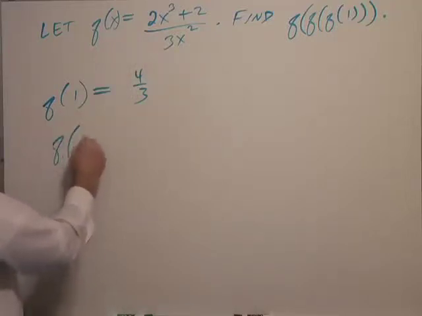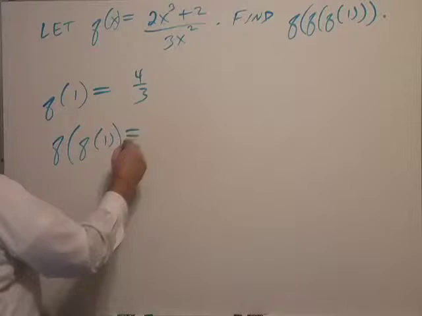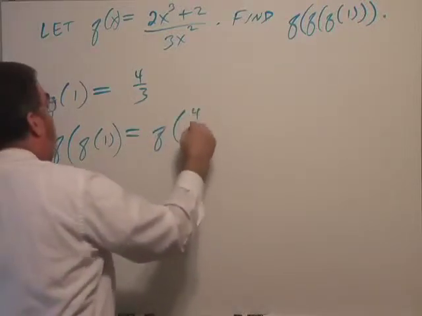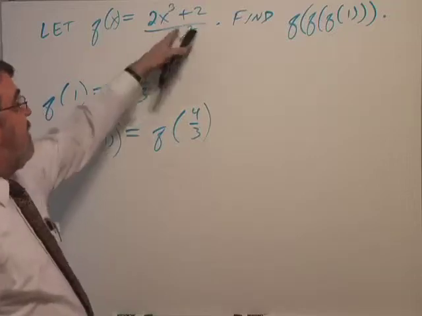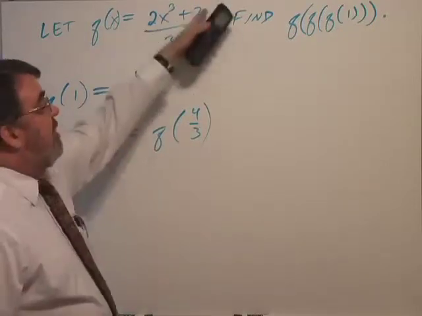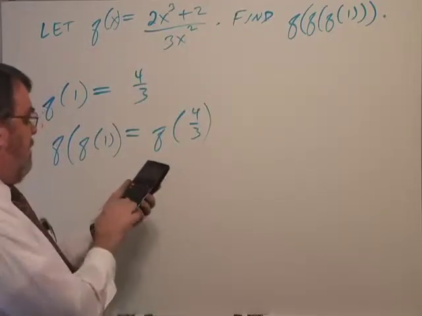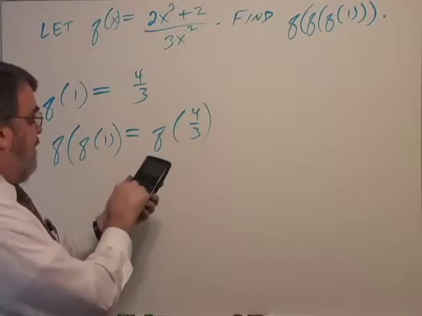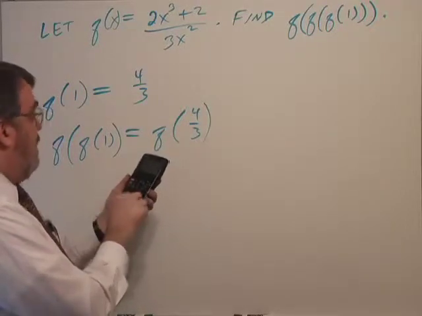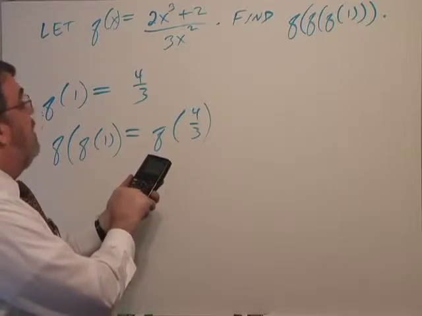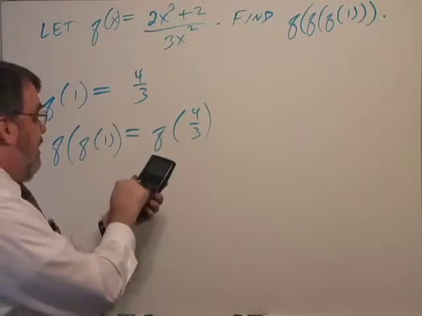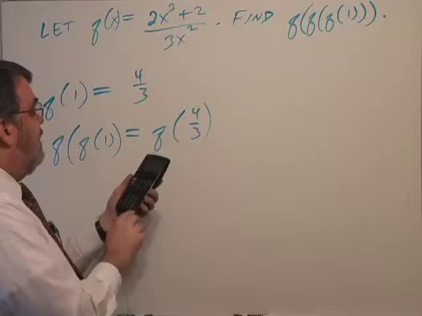So f of 1 is the same as f of 4 thirds. I'm going to just type this in. I have to put parentheses around my numerator: parentheses 2x raised to the third plus 2, close parentheses, divided by parentheses 3x squared, close parentheses.